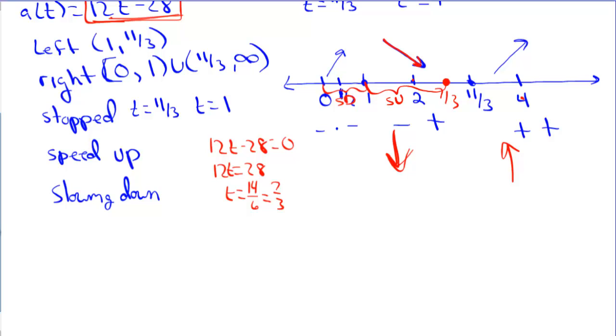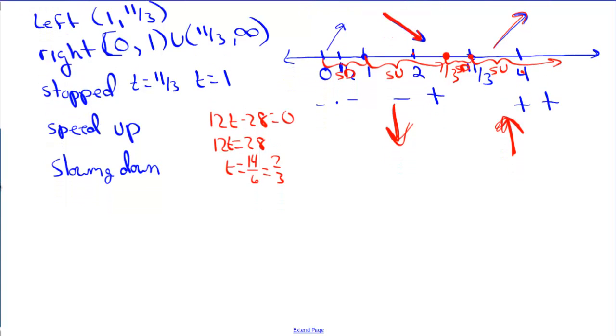Then from 7/3 to 11/3, we have a negative velocity and a positive acceleration. So from here to here, now we're slowing down. They're opposite. And then finally, from 11/3 to infinity, we have a positive acceleration and a positive velocity. So from here to infinity, we are speeding up.